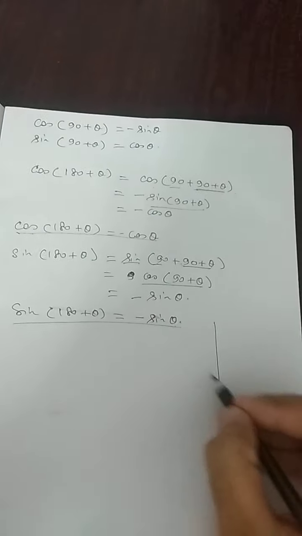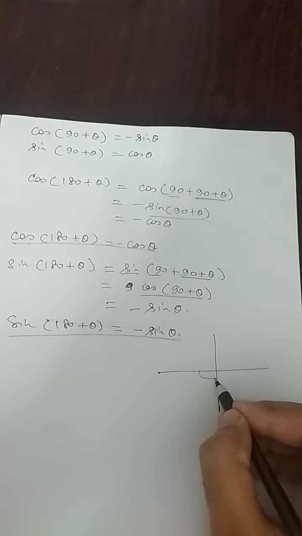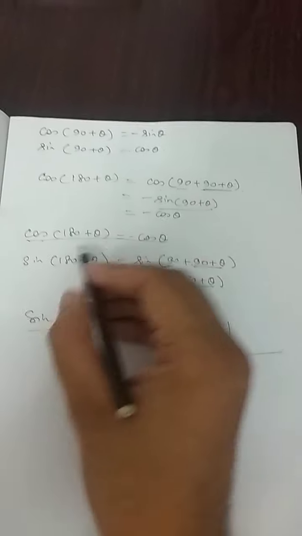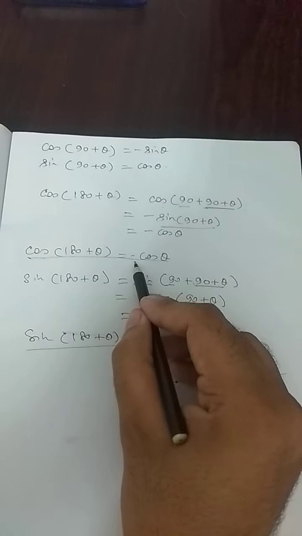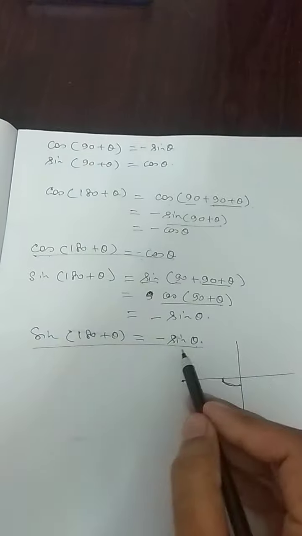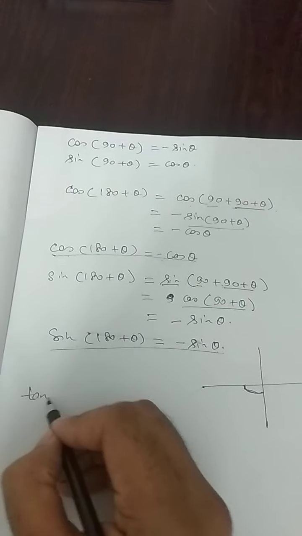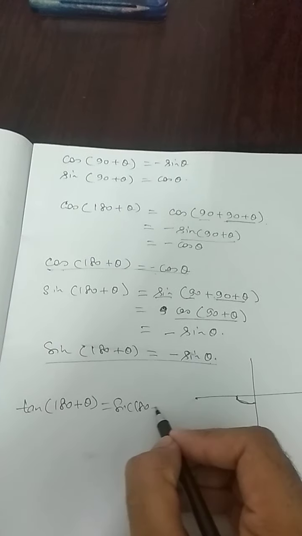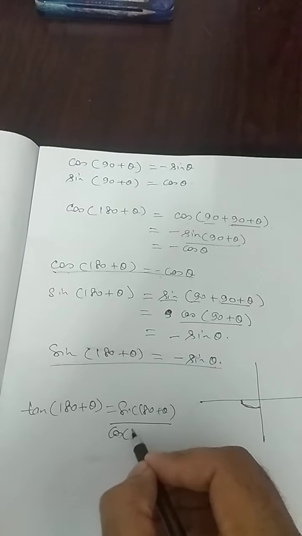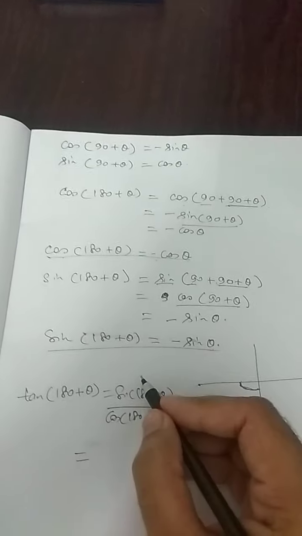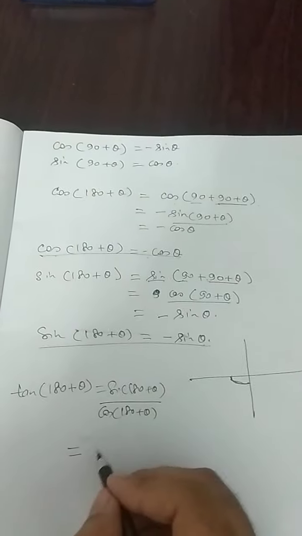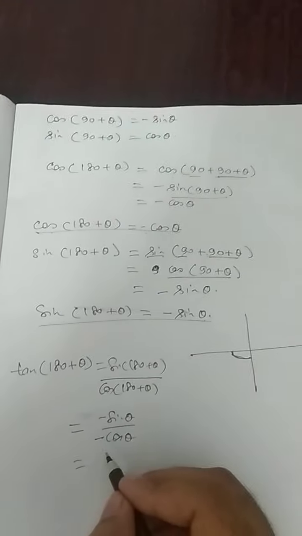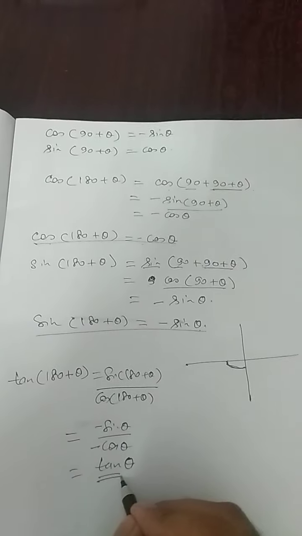Now 180 plus theta means any angle in the third quadrant. So in the third quadrant, we can observe cos provides a negative result, sine produces a negative result. Consequently, tan of 180 plus theta will be sine of 180 plus theta by cos of 180 plus theta, and both being negative, we get minus sine theta by minus cos theta, that is the positive result tan theta.